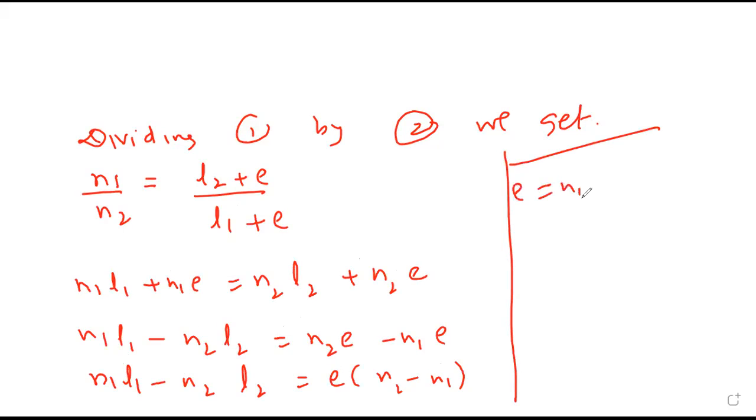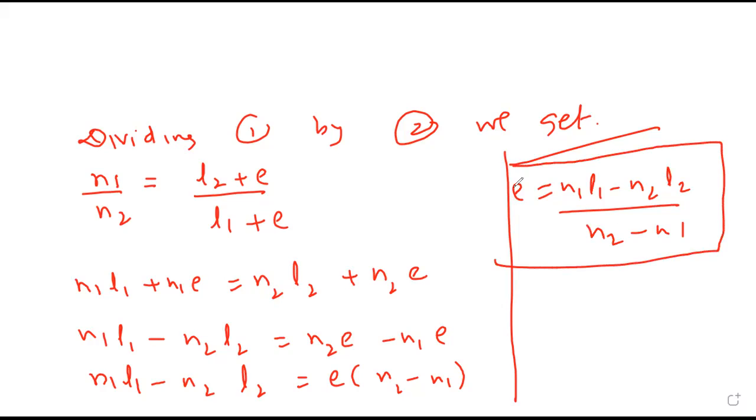Therefore, E will become N1 L1 minus N2 L2 upon N2 minus N1. So this is what you have to do. Sometimes they can ask you to prove that E is N1 L1 minus N2 L2 upon N2 minus N1. Complete till this.